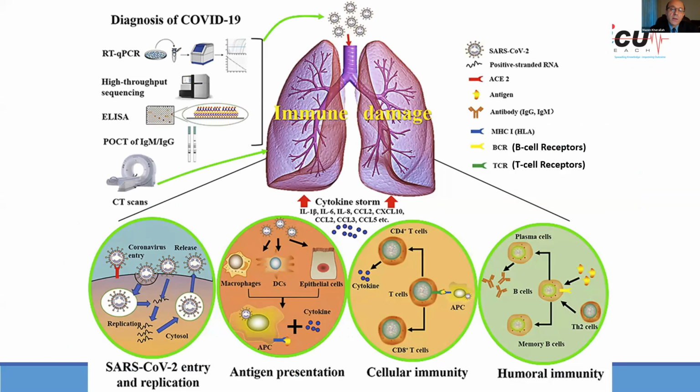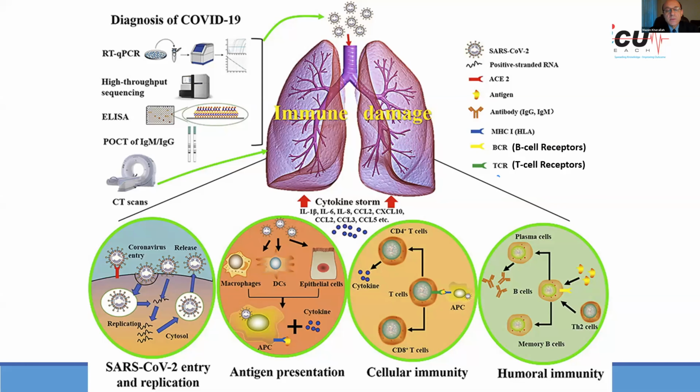We all know by now that the virus gets into the cells through the ACE2 receptors, and inside the cells, it replicates and gets into the cytosol before it is released. It generates multiple reactions in the cellular and humoral immune systems of the body.